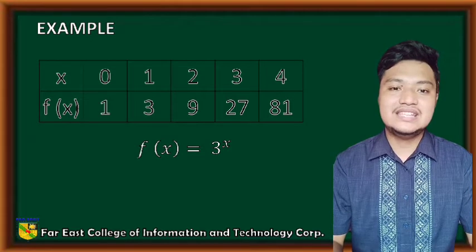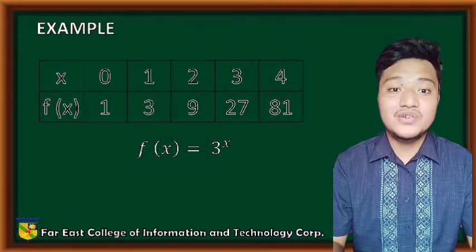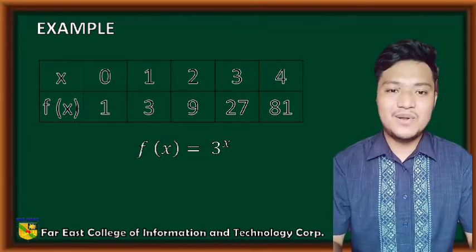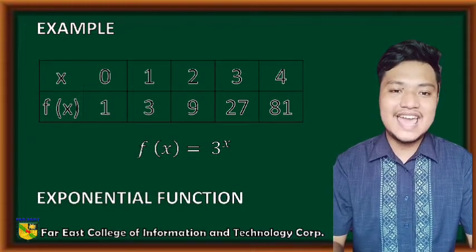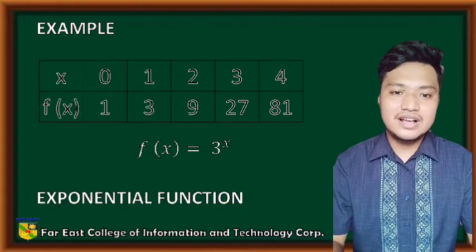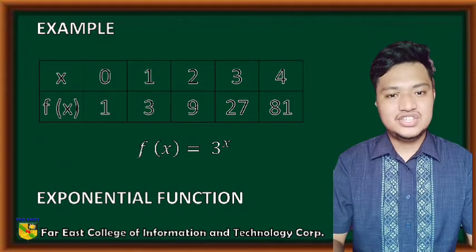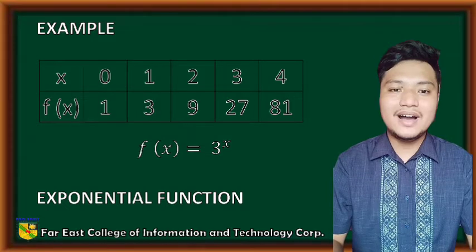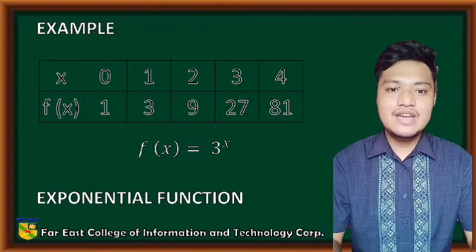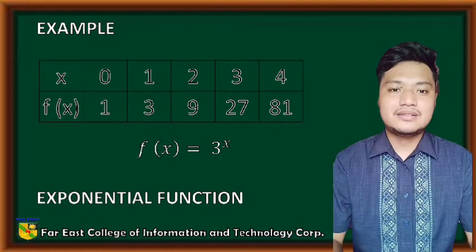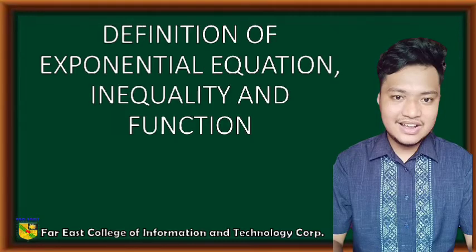So, 3 is equal to 3. So, correct. In this table, masasabi natin na it is an exponential function. Ganun lang po kadali to identify the table of values if it is exponential or not.